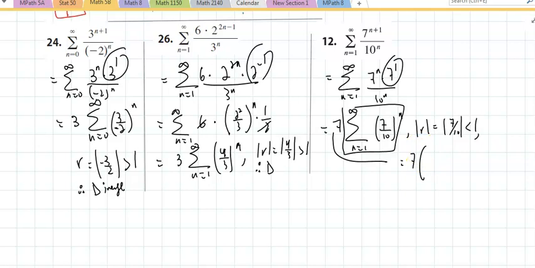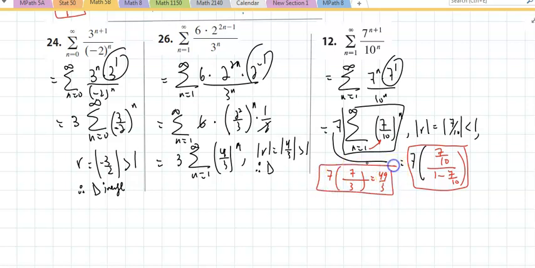To find the very first term, throw the n equal 1 in. N equal 1, I'll get 7 over 10 over 1 minus r, which is 7 over 10. On a test, this is a fine answer. You could clean that up and say that's 7 times 7 over 3. So 49 over 3 will be this infinite sum.